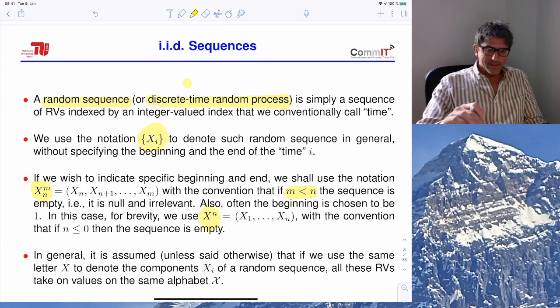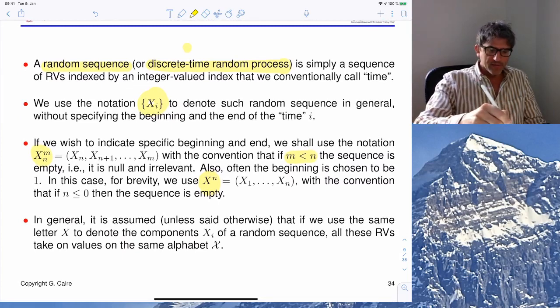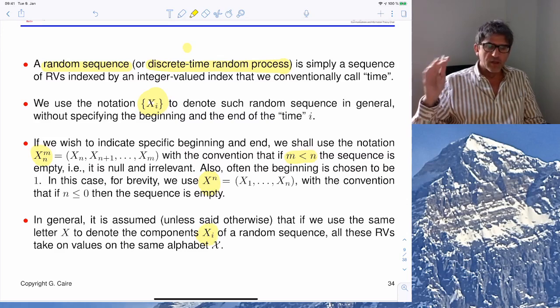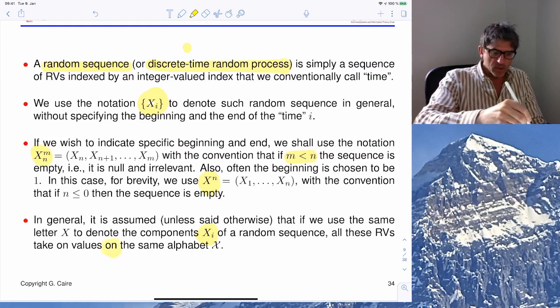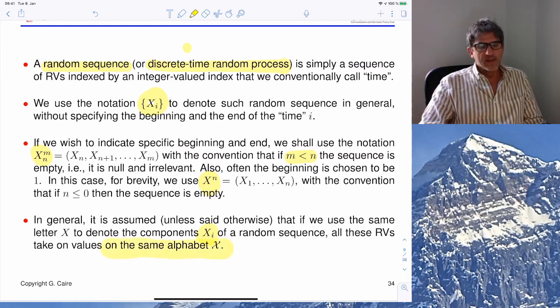So unless said otherwise, when we use the same letter X sub I to indicate these random variables, it is almost always assumed that the alphabet in which these random variables take on values is the same.